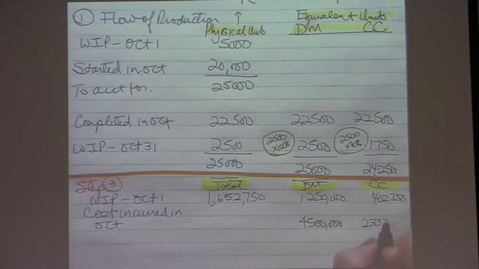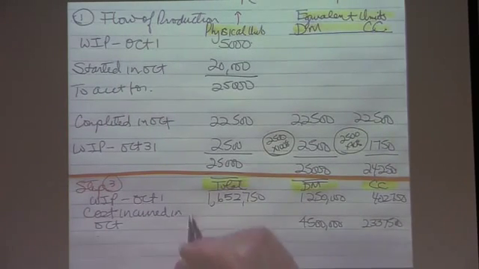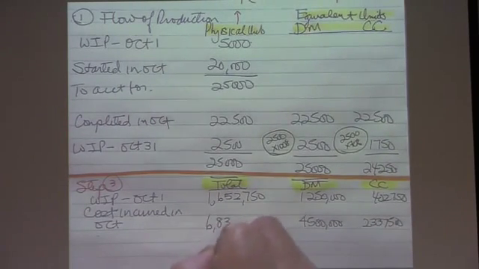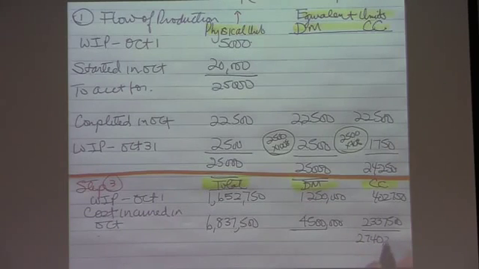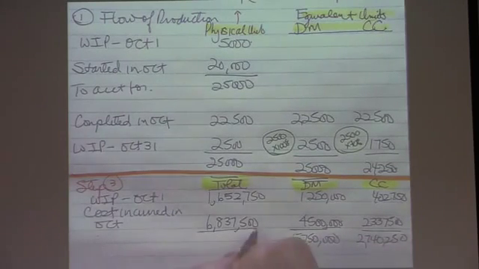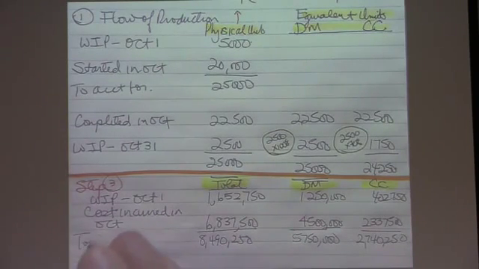Altogether, $6,837,500. So this is $2,740,250, $5,750,000, and this one is $8,490,250. This is the total cost.